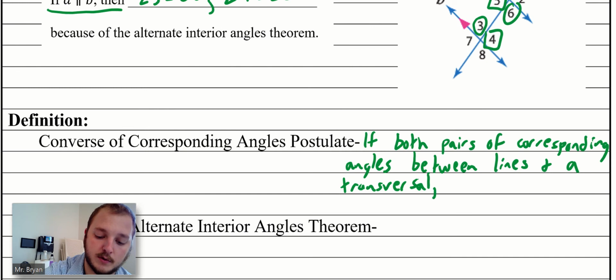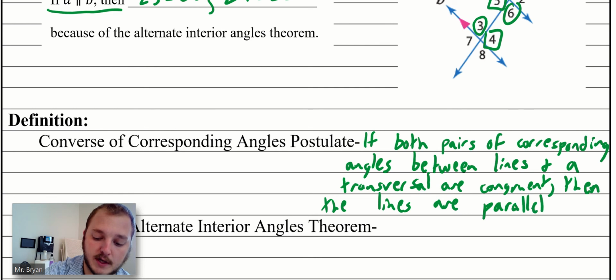So again, we're still thinking of this same kind of diagram that we've seen before, except now we're not necessarily told that the lines are parallel. And we'll draw a picture with this to kind of visualize what we're talking about here.